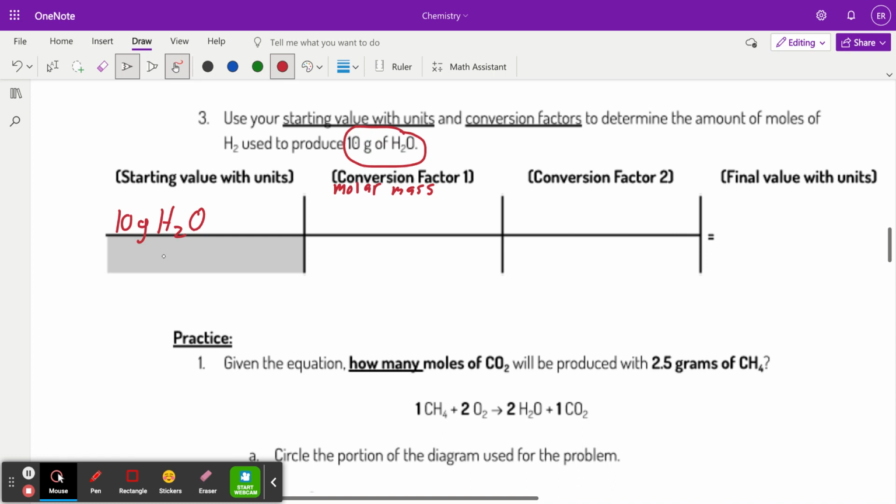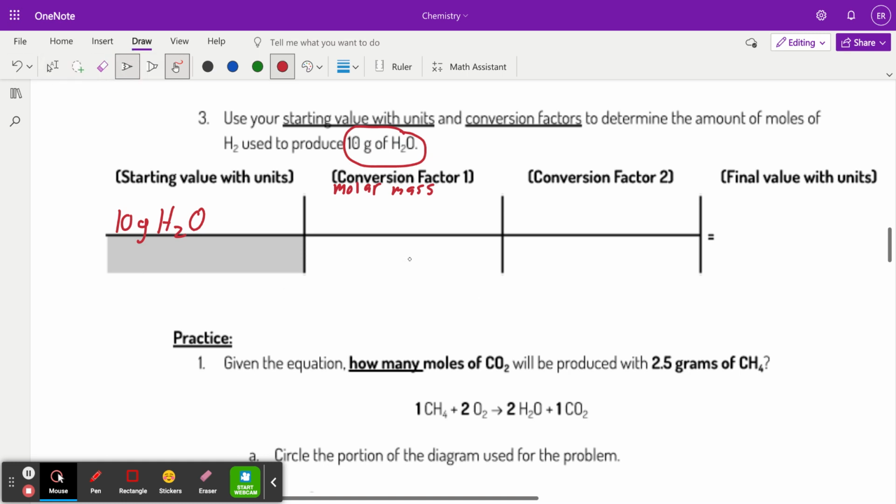Remember that the grams of H2O, this part right here, what we have here, we need to have down here in order to cancel out.